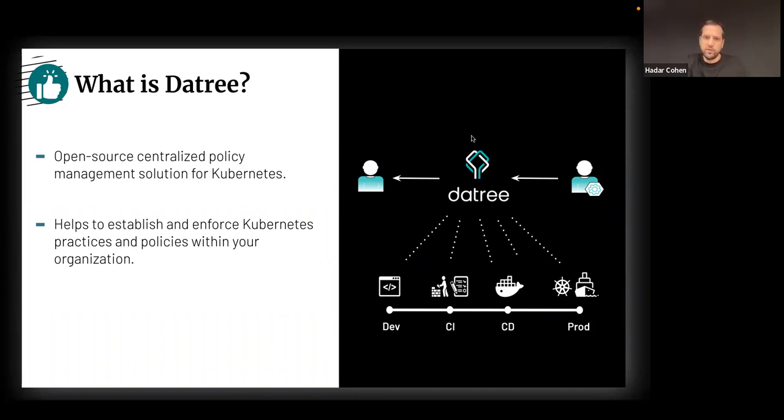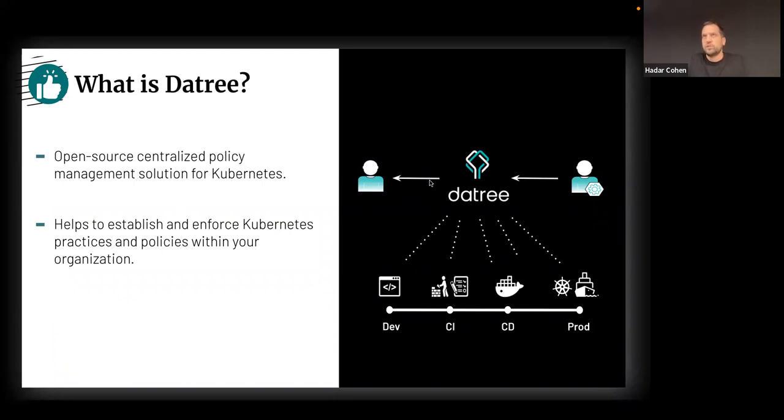And on the other hand, we have the developers who need to follow these guidelines and these best practices. And Datree sits right in the middle, and it aids both of them in making sure that the cluster remains stable and that no misconfigurations are introduced and entered into production.